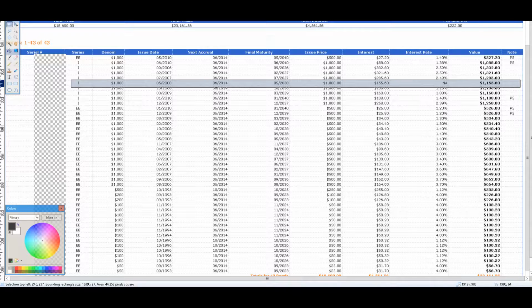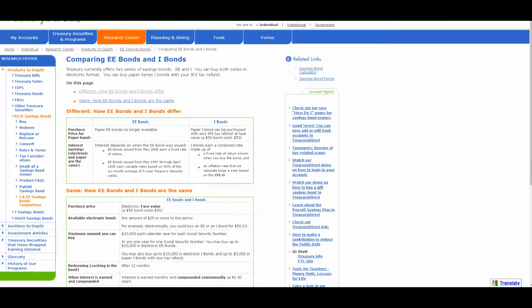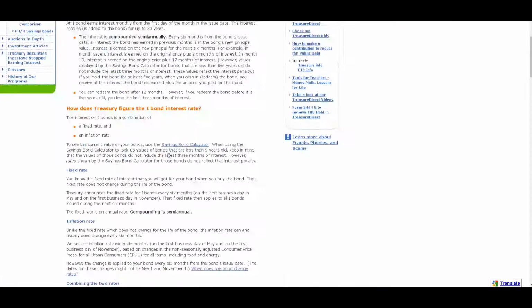That is because if we go back to here, we can see that the interest rate for May 2008 was 0% for the fixed rate, and the inflation rate that year was also 0%. So I earned 0% fixed rate and 0% inflation rate. So that's some reasons you may not always want to go for the I bonds.